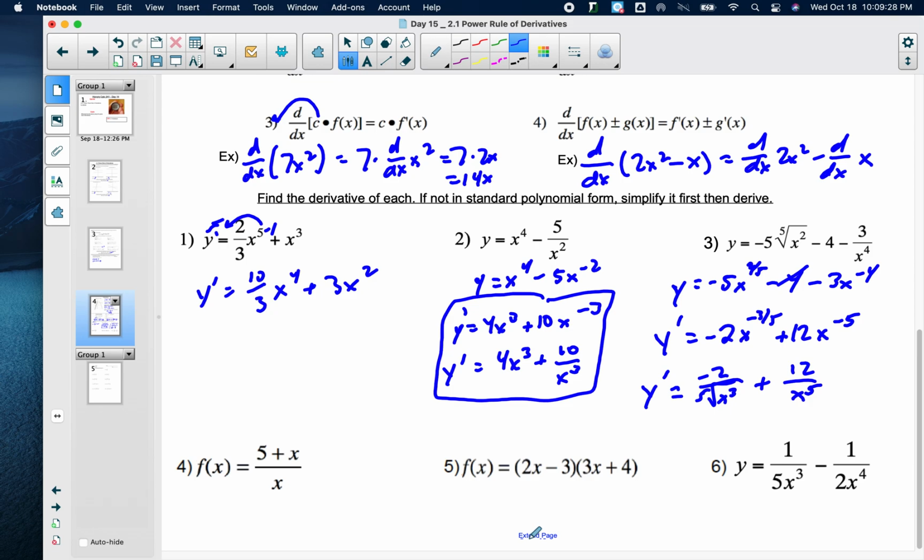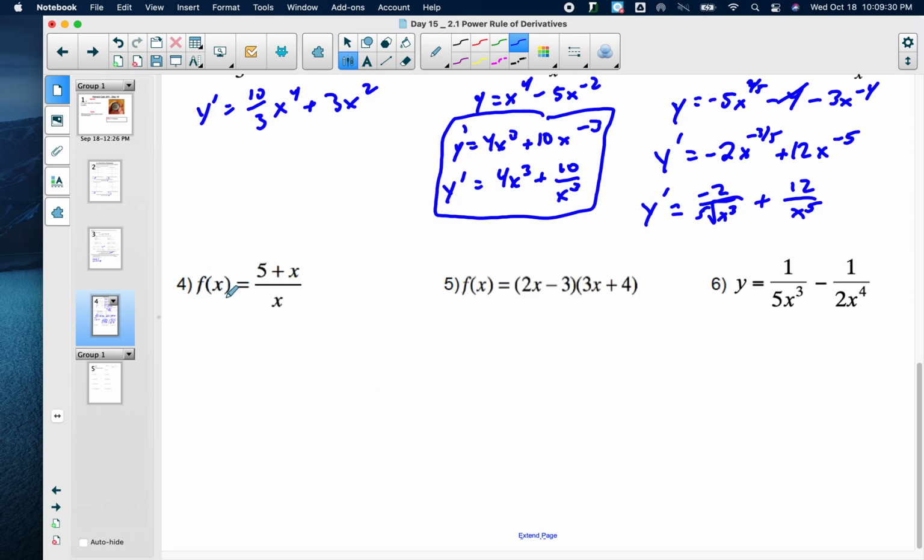And now from here, we could do a separate rule. So this is a quotient. We're dividing these. So I could use the quotient rule here, but I could also simplify this. So both of these are being divided by x. So I can rewrite this as f of x equals 5 over x plus 1.